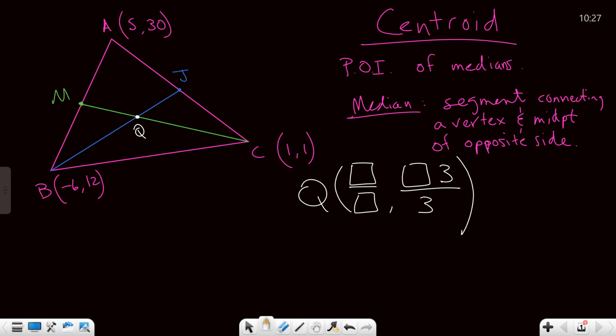I got 3 and then I have 30. I did 30. Wait, so it's not just 3 divided by.